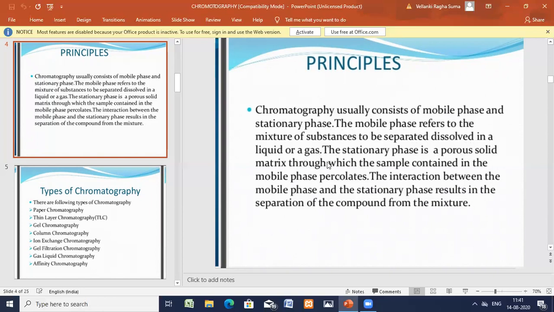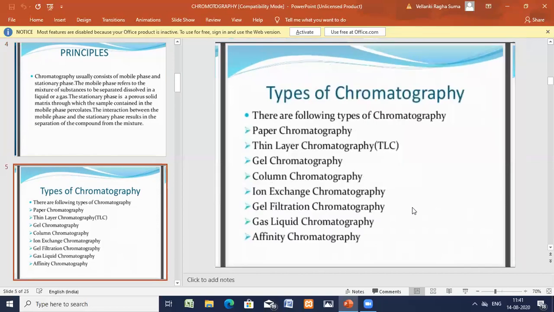The stationary phase is a porous solid matrix through which the sample contained in the mobile phase percolates. The interaction between the mobile phase and the stationary phase results in the separation of the compounds from the mixture. That is the basic principle.